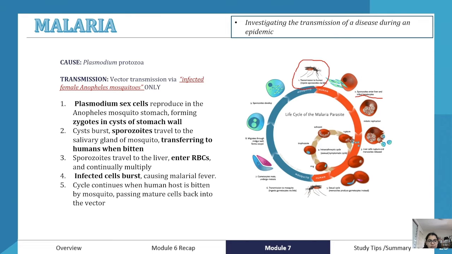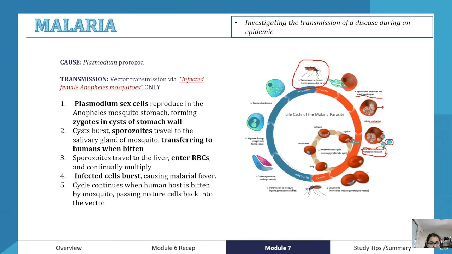From there, they do mitotic replication. They are replicating ridiculously fast, and as a result, our liver cells rupture, and those merozoites, which are now mature, are released.